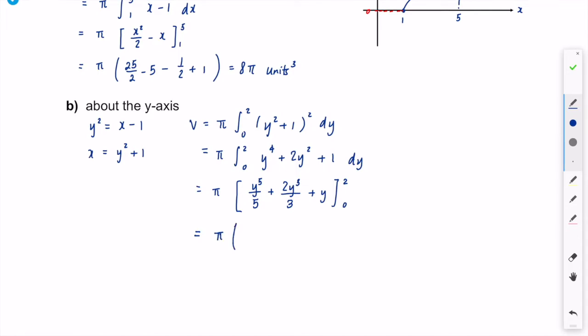Here, I have 2 to the power 5, 32 over 5, plus 2 times 8 is 16 over 3, plus 2. Okay, so doing some mental math, or use your calculator if you're allowed to use it, it should be 206 pi over 15. And this is cubic units.